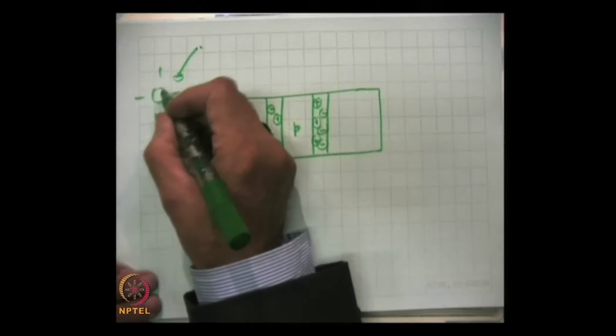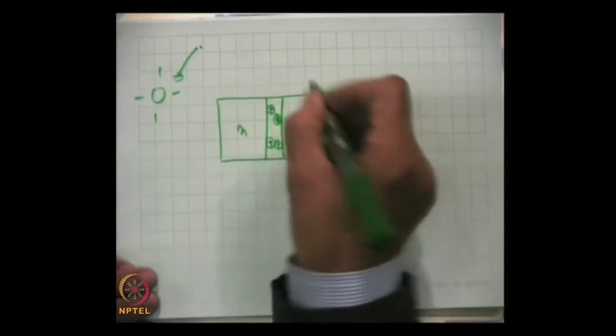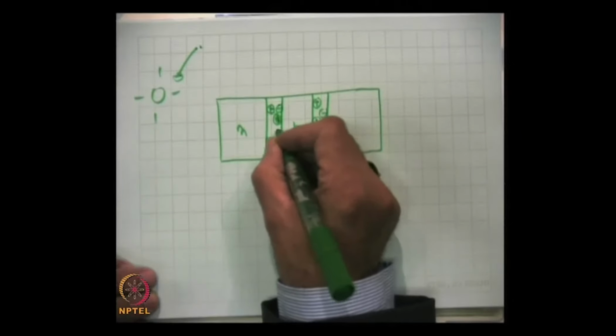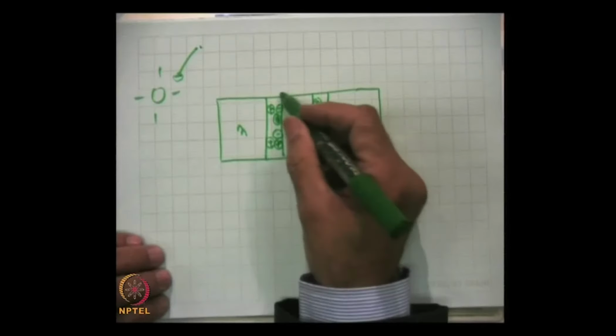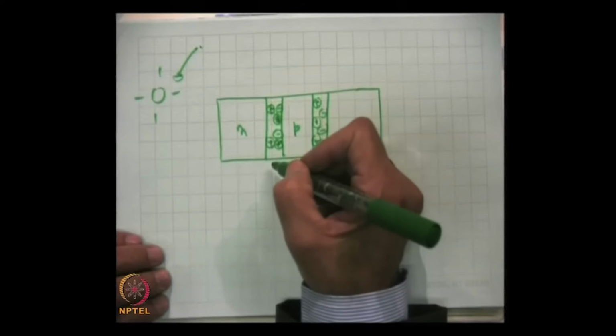So, on this side there will be a positive ion, and here on the p side there will be a negative bound charge. So, this is the space charge region and high resistivity region.